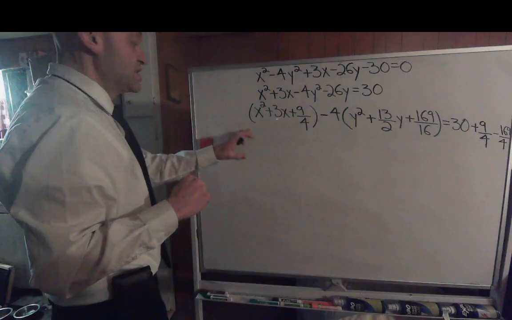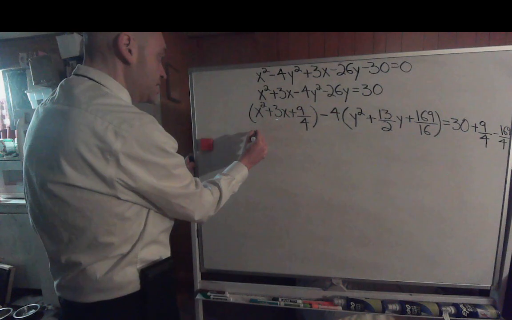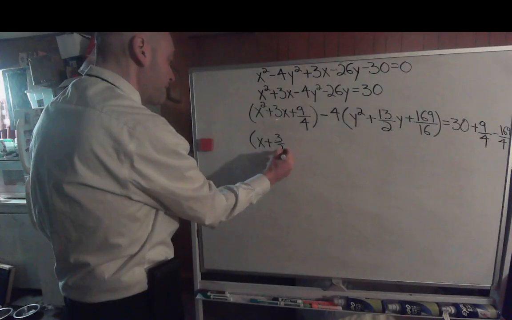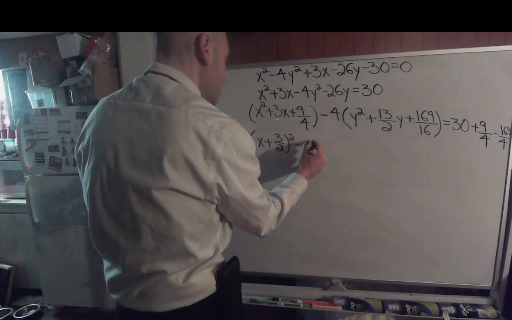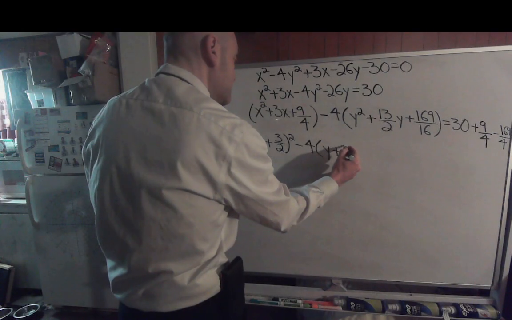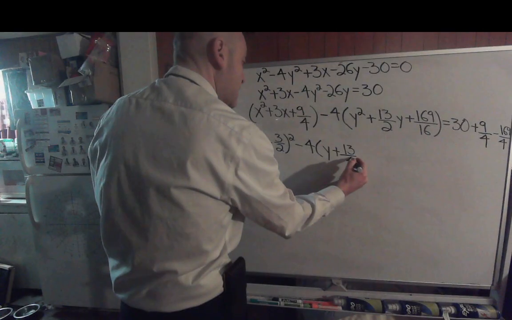So this is going to simplify then into, on the left side, x plus 3/2 squared minus 4 times y plus 13/4 squared.